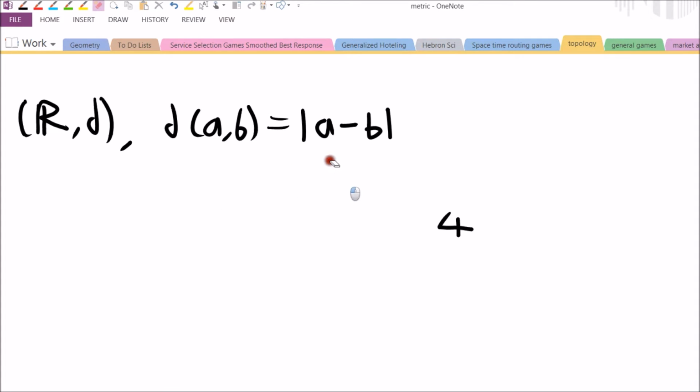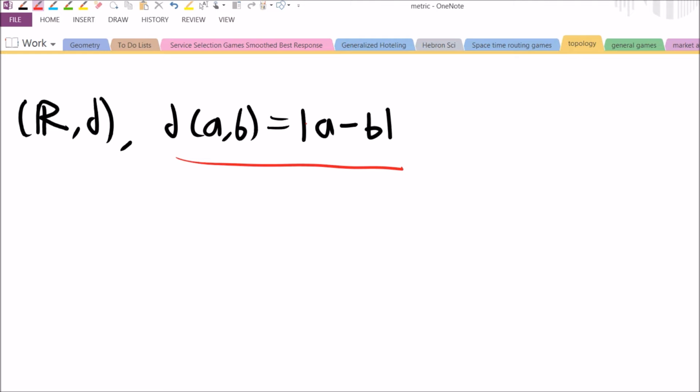The first thing I'd like you to do to try and understand the idea of metric spaces is to show that this is actually a metric and that it satisfies the three conditions which I just talked about.